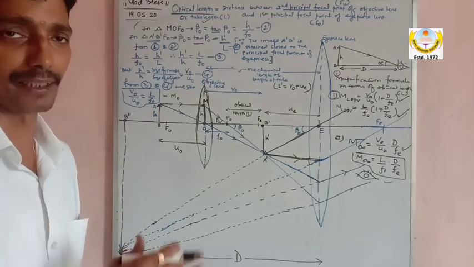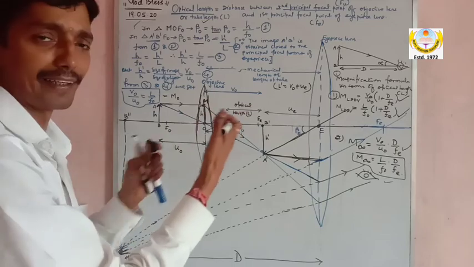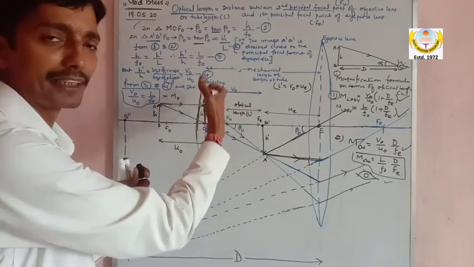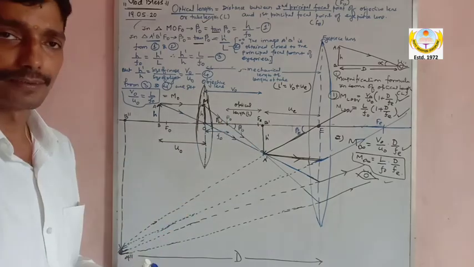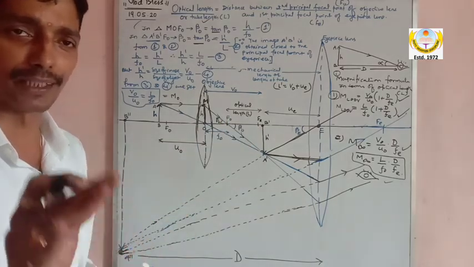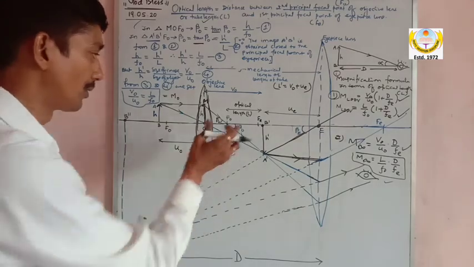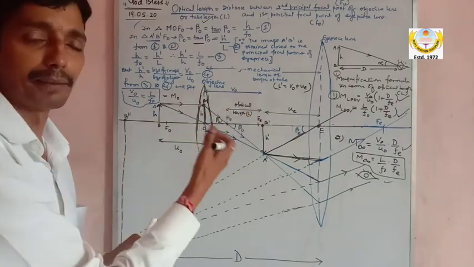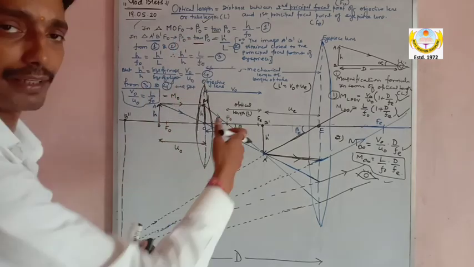That is an important concept which I keep saying, that this optical length is related to the magnification, how much the magnification is done by the objective lens. And we all know the magnification done by the objective lens is generally VO by UO. But today I thought that you should know that in terms of optical length, it can be written as L by FO also, which you can see by geometry.